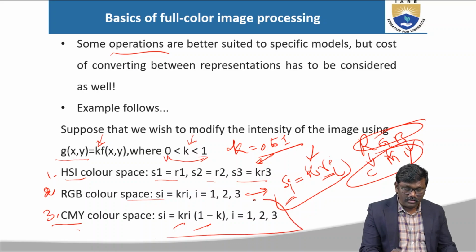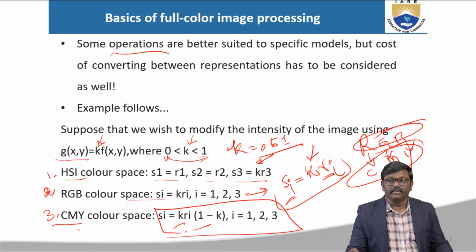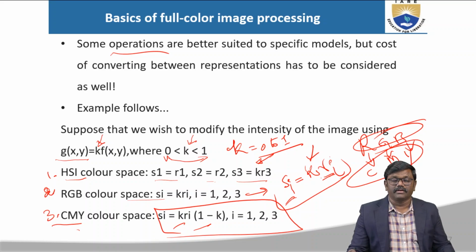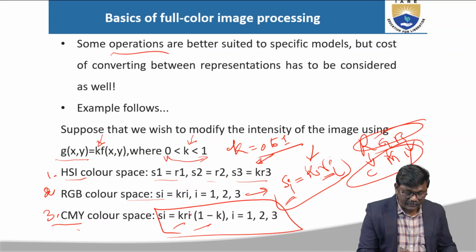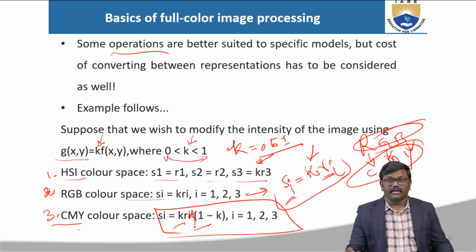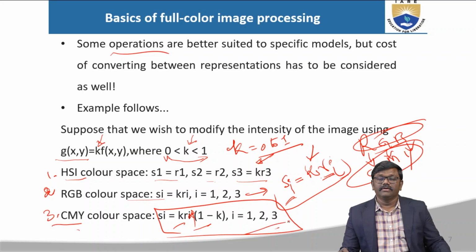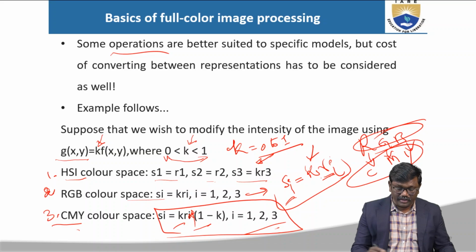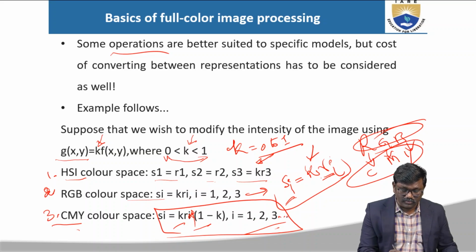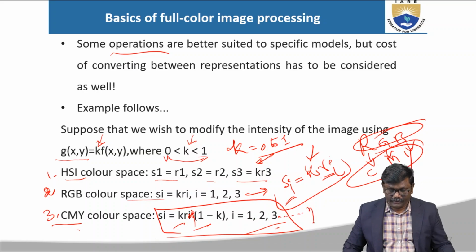Here is your formula: Si is equal to K into Ri, that is, K into R suffix I plus 1 minus K, where the values vary for i equal to 1, 2, 3, and so on up to n.